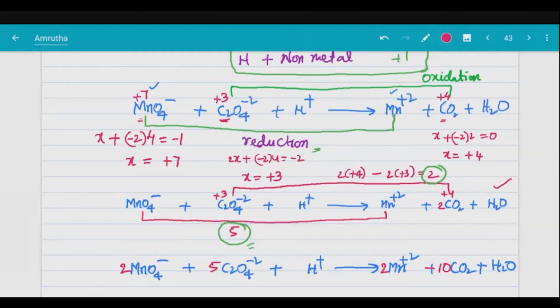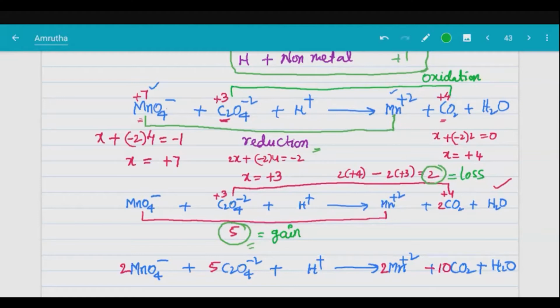Once more, listen carefully. 5 electrons, this is gain. 2 electrons, this is loss. In any reduction or oxidation, electrons must be balanced.